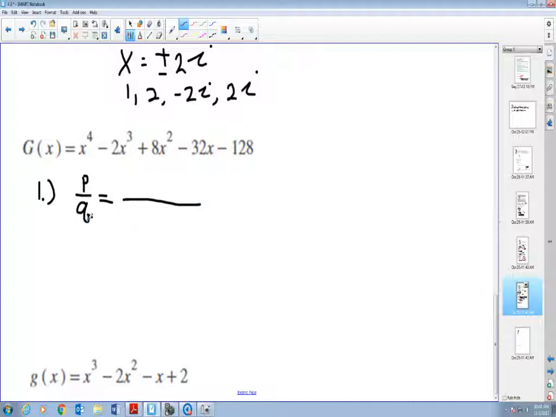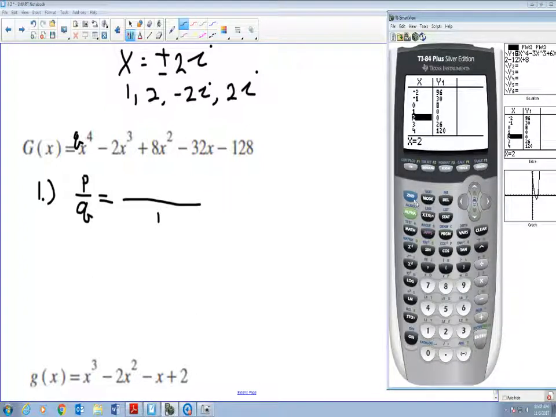Okay? Potentially, after I graph it. So my Q is the leading coefficient, which is going to be 1 times 1. So that means when my denominator is 1 here, all my rational zeros are going to be integers. Okay? So I can go through this, it's no problem.